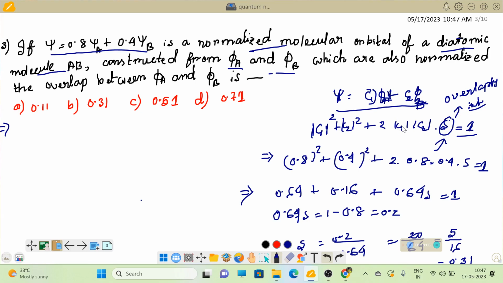And as they told, it is normalized. If they don't say anything, we take it as a normalized function, otherwise we can't evaluate the value. So c1 square plus c2 square equal to 1, and you have to calculate this as well. That's it. Now coming to the next question.